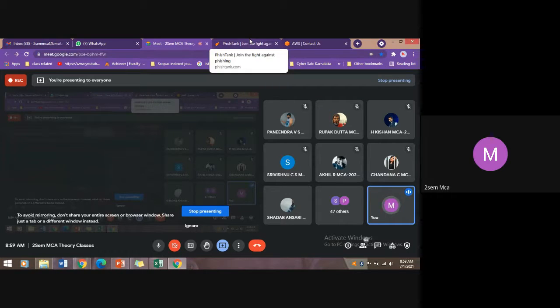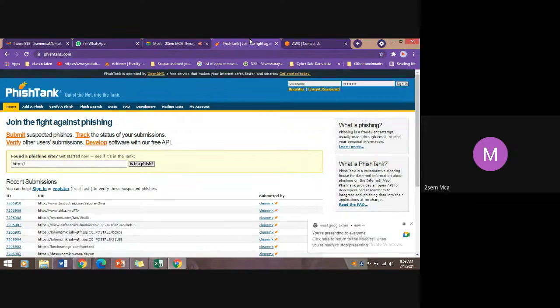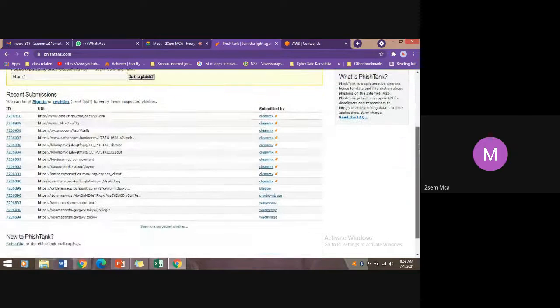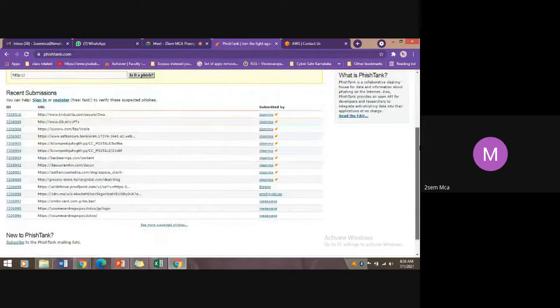Here, PhishTank is a website where you can see the fake or suspected phishing sites available over the internet, which are listed here. You can observe that phishtank.com provides information about phishing sites existing over the internet.